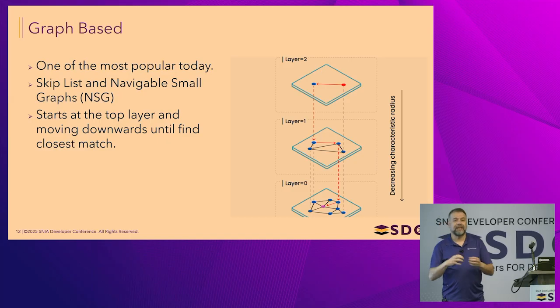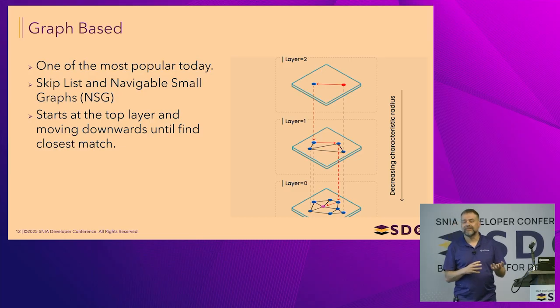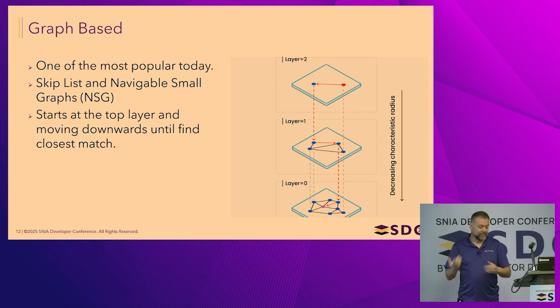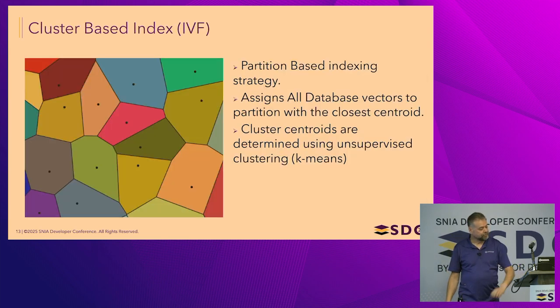Again, I create a map of connections. Everything in a vector index is going to be a map of connections. It just matters how you build those connections.